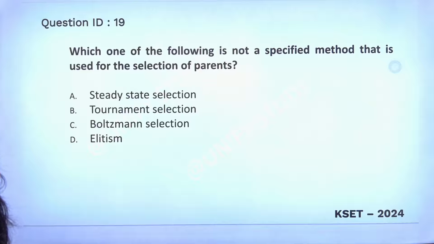And so many times of practice: multiple revision, multiple practice. If one time I learn, and after that I do not revise or practice, that will not work. Multiple times you have to revise and practice.